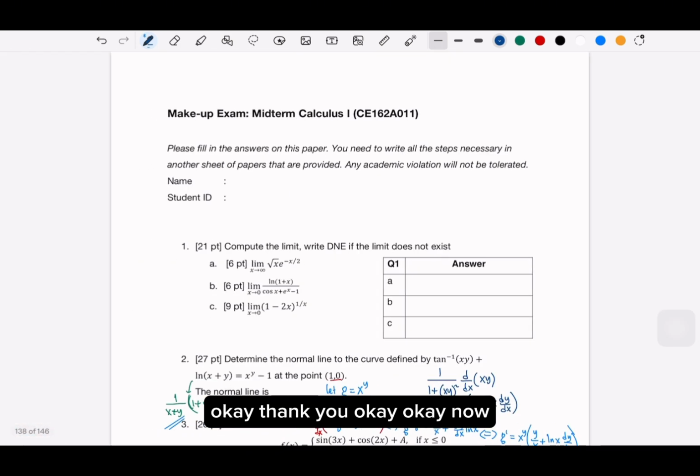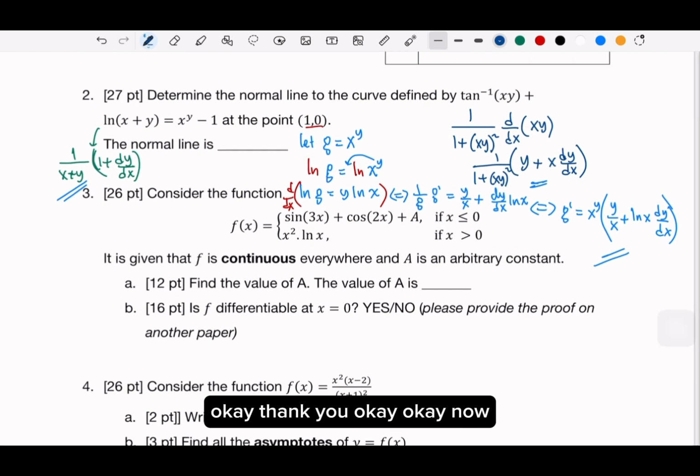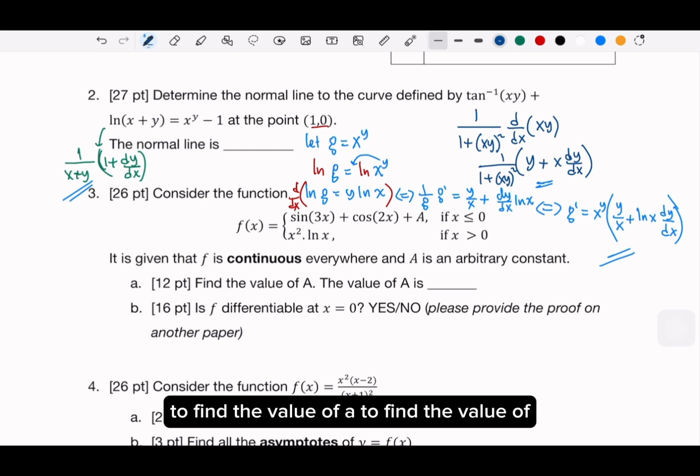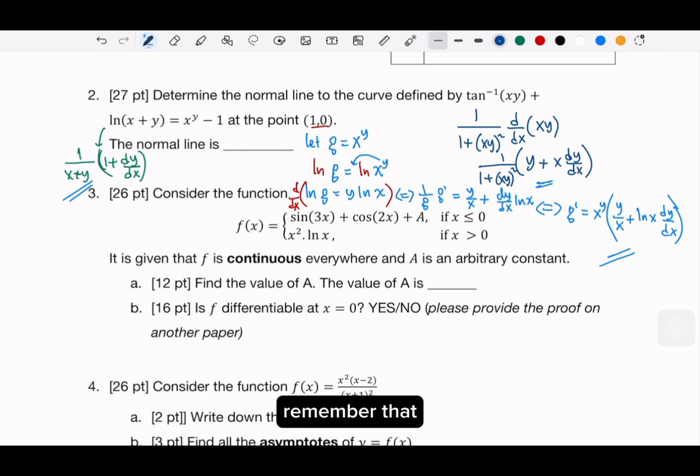Okay, thank you. Now, to find the value of A, remember that f is continuous everywhere. What does that mean?